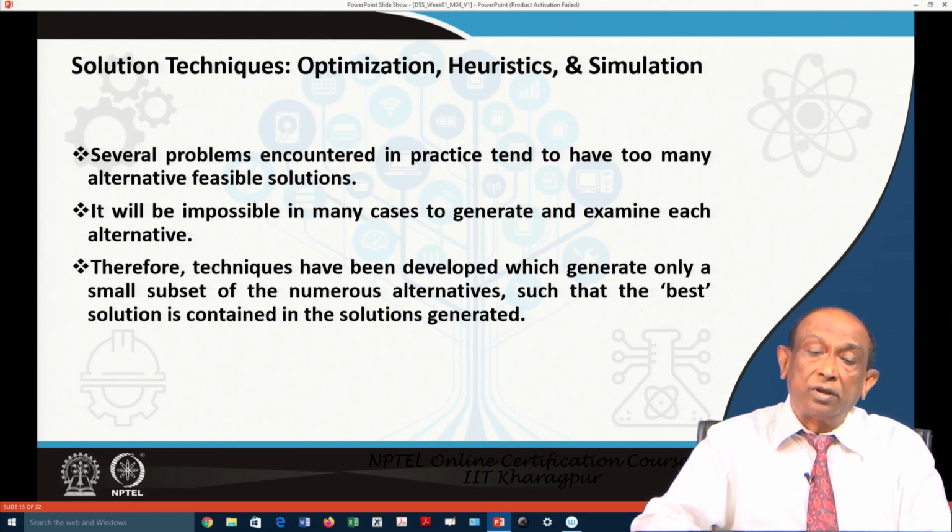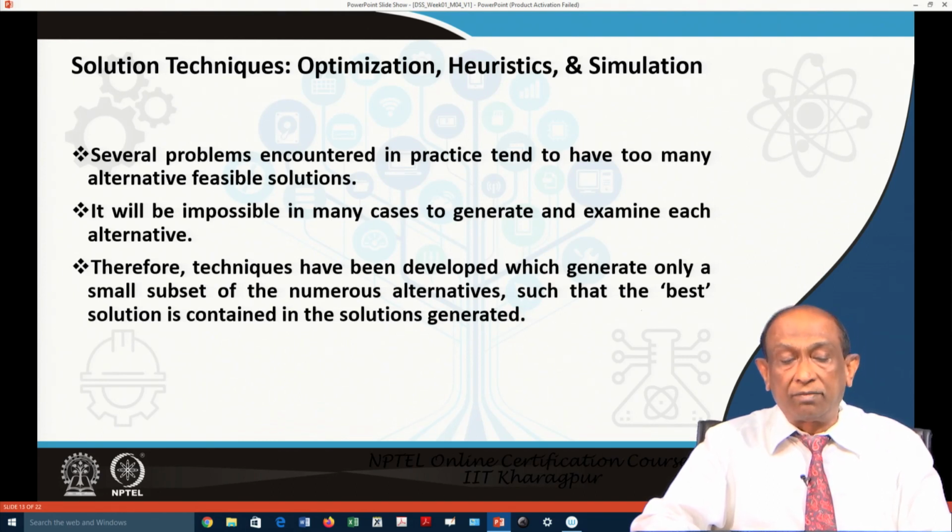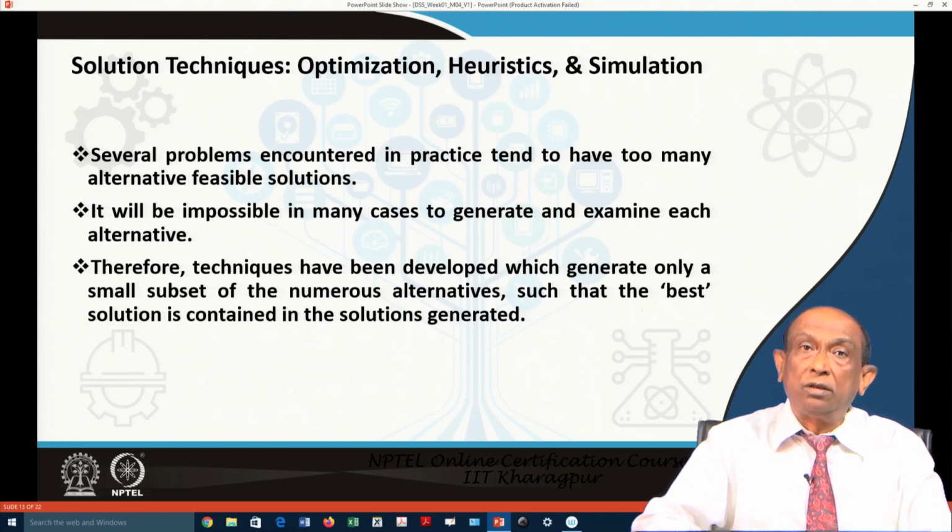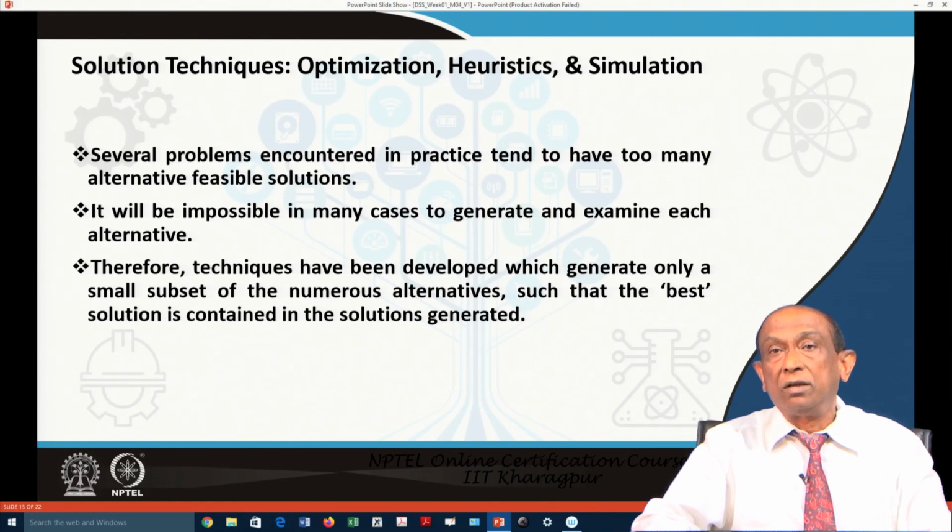Several problems encountered in practice tend to have too many alternative feasible solutions, and it will be impossible in most cases to generate and examine each alternative.